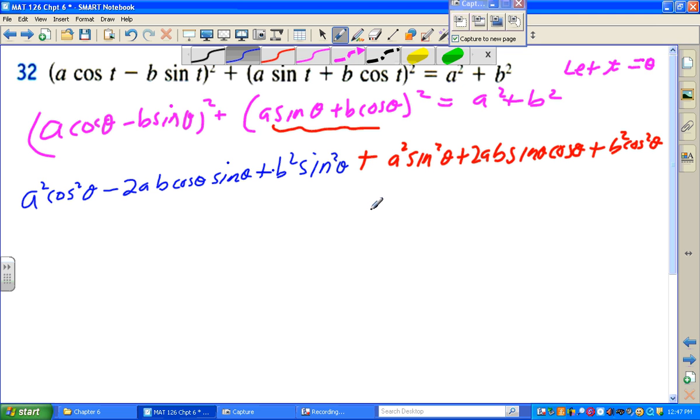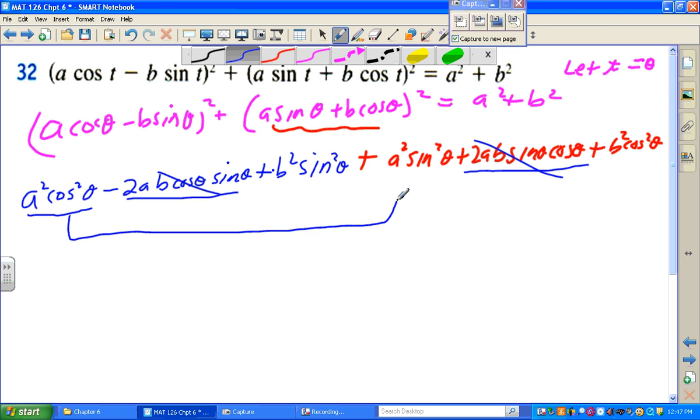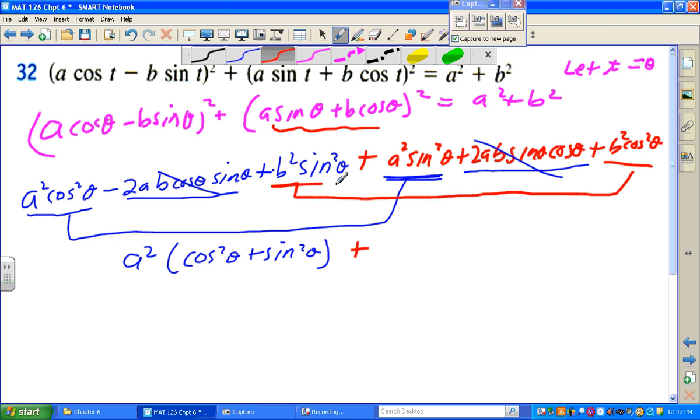Zach sees something. What do you see, Zach? Right, so those are opposites, so they're gone. You can factor an A squared out of these two, and by the same argument, factor out a B squared.